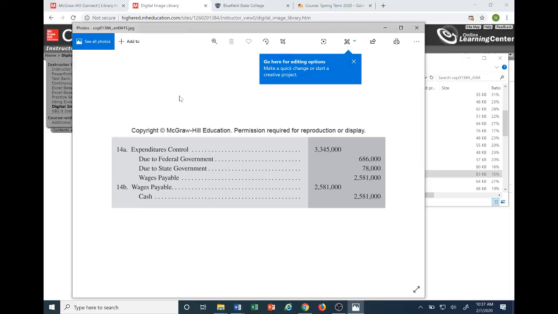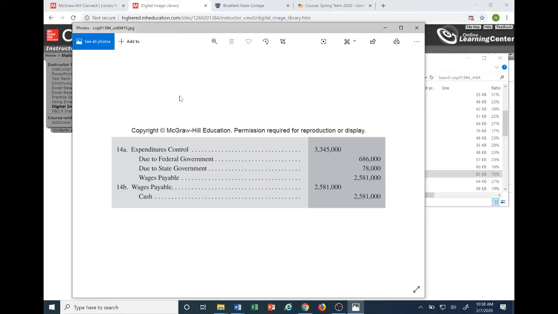Okay, so the next is dealing with payrolls and payroll taxes. It says the gross pay of employees of general fund departments amounted to $3,345,000, so $3.34 million, right? Notice it says employees of the general fund departments because that's for the general operations of the government, so it's coming out of the general fund. The Village of Riverside does not use the encumbrance procedure for payrolls.